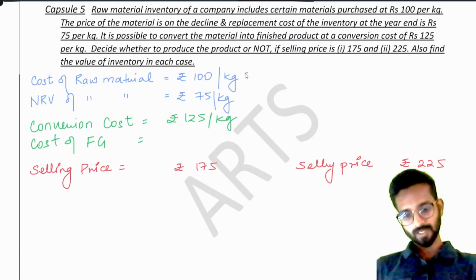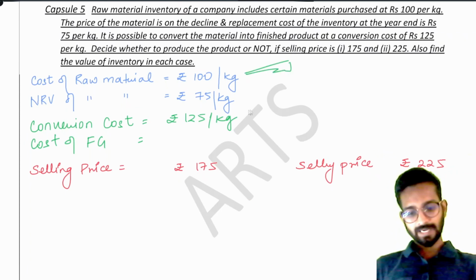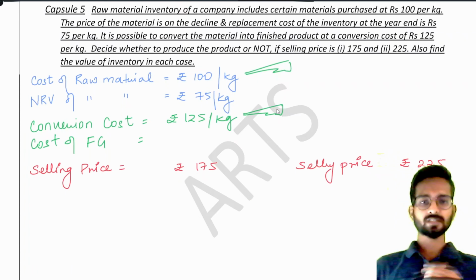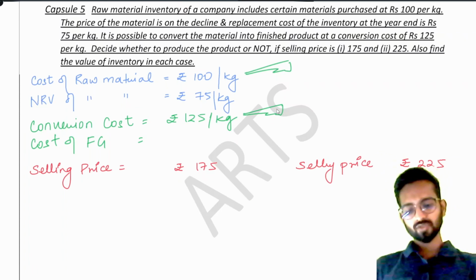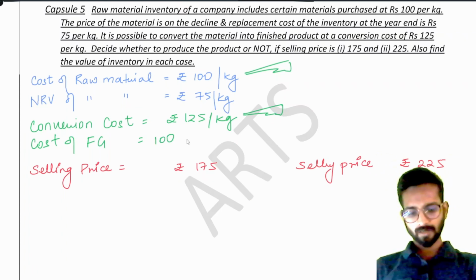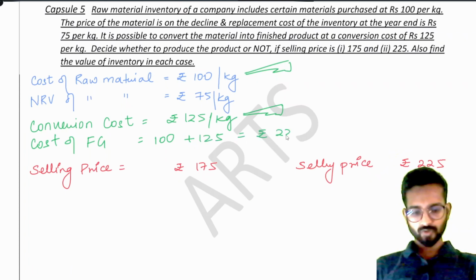The cost of raw material was 100 rupees and we are incurring conversion cost. Conversion cost means when I am purchasing raw material, now we will do some process on that, some factory work and all those things, that is called as conversion cost. So cost of finished goods will be 100 plus 125, that will be rupees 225 per kg.